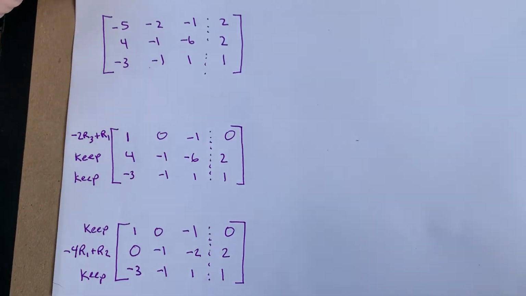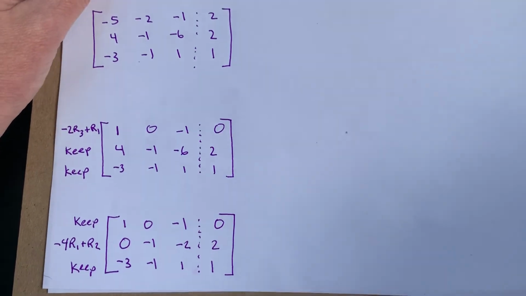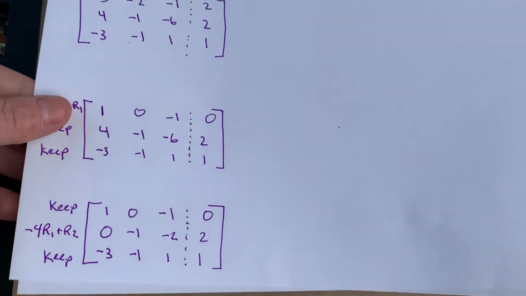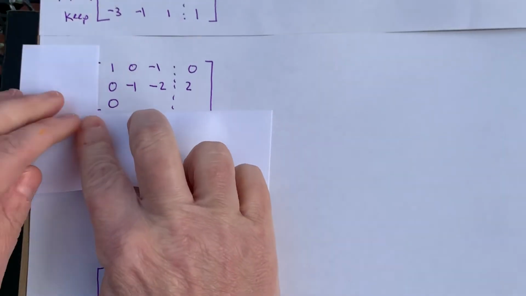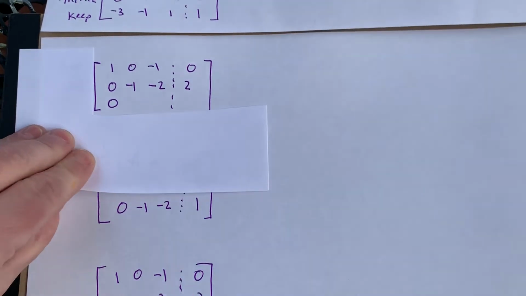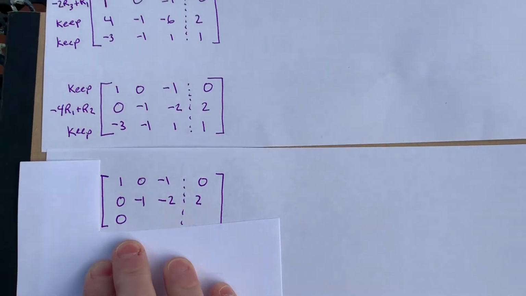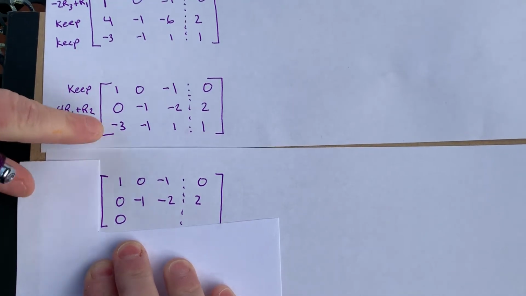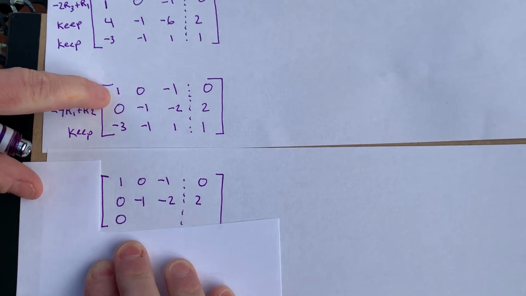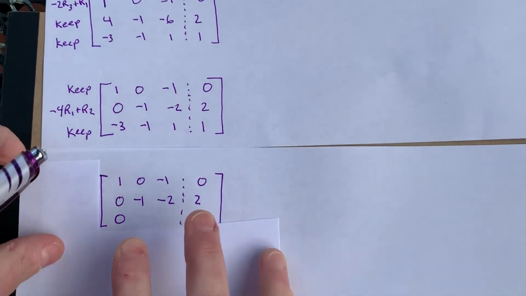All right, so our next goal is to get this term here to be a 0. I have to think about what I would need to do to get that to transform from a -3 to a 0. It looks like if I did 3 times that row, added to that row, I would indeed get a 0 there.